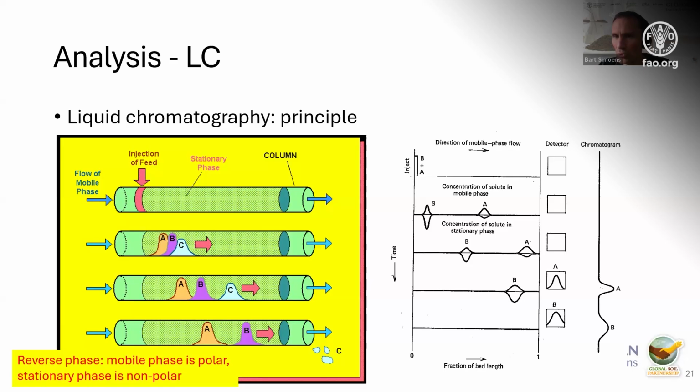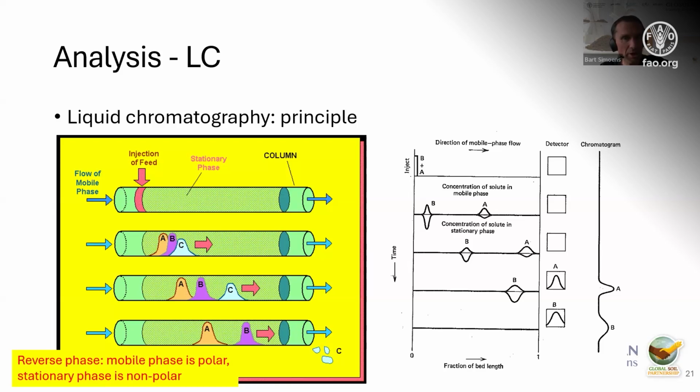But maybe I will just do a short recap for everyone then. Two phases. The stationary phase in our case is not polar, and the mobile phase is a polar liquid solution. And so each molecule in the mixture that we will inject has its own polarity and will have more or less affinity for the stationary non-polar or the mobile polar phase.